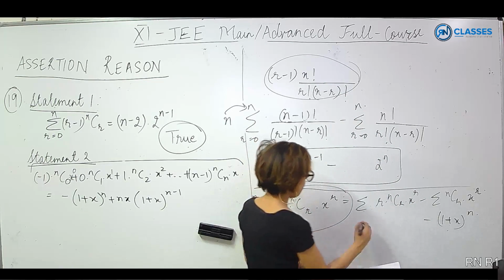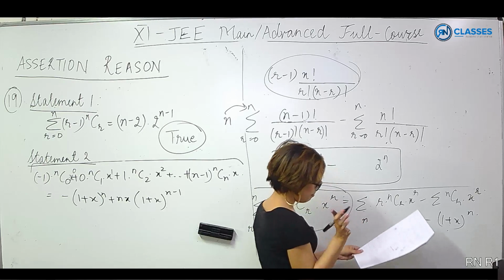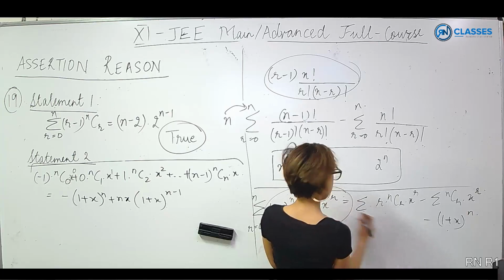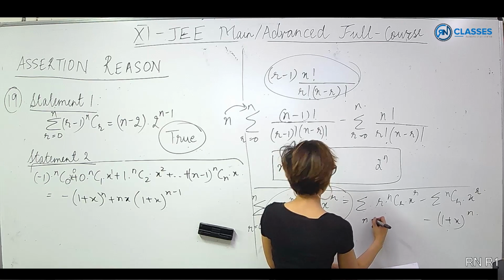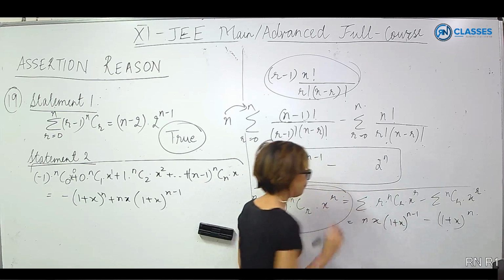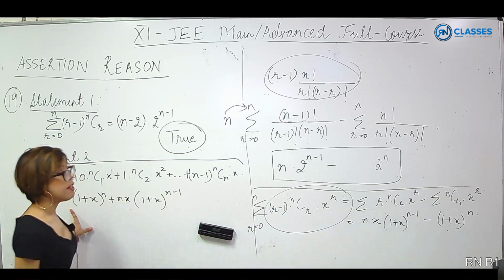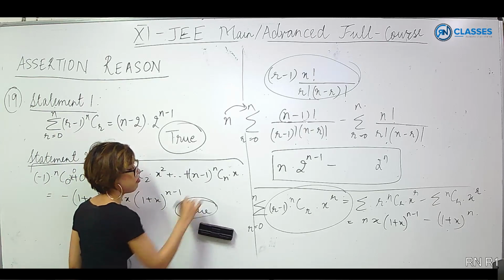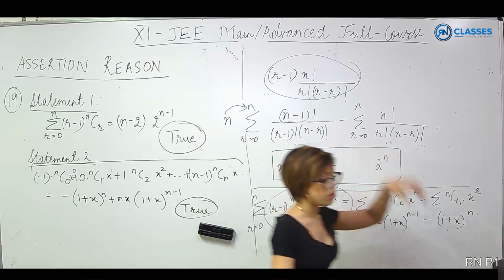This becomes n into x into (1 plus x) raised power n minus 1, which is equal to this one. So, this statement is also true. You can evaluate this, I am leaving the calculation to you.